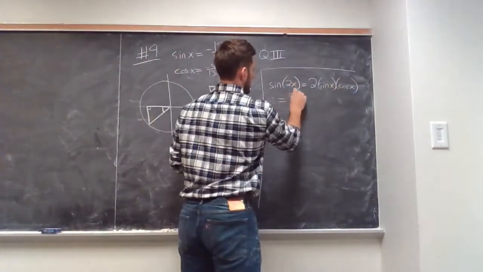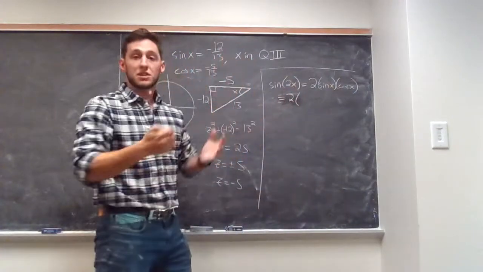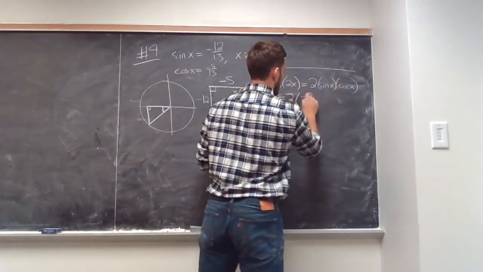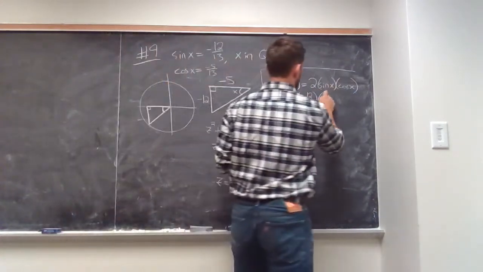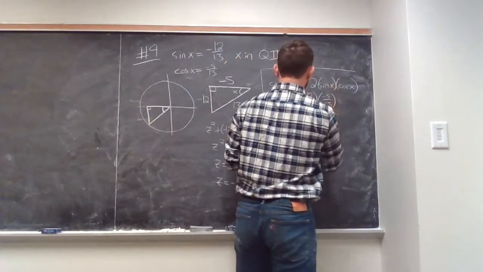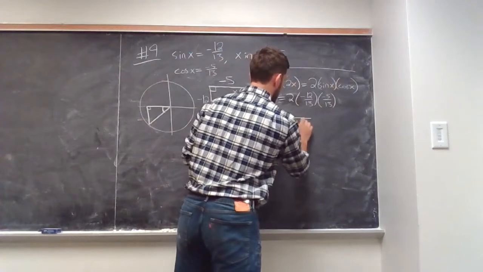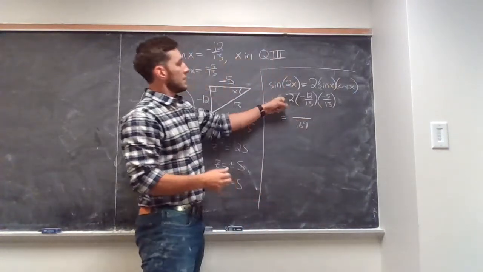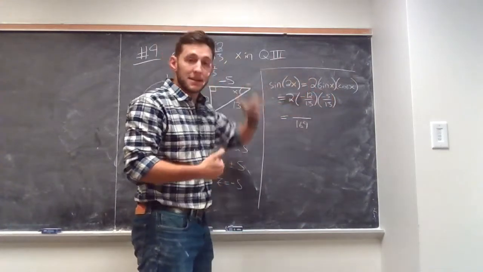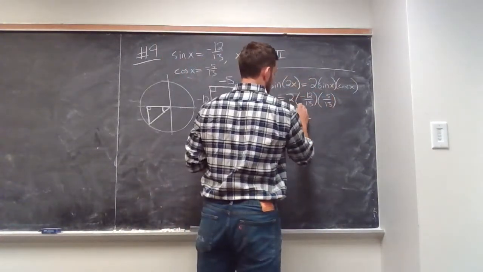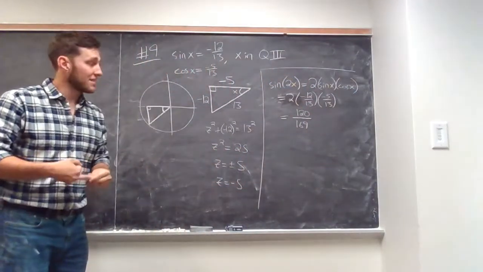Plug in appropriately, we'll get 2 times sine of x, which is negative 12 over 13, times cosine of x, which is negative 5 over 13. Well, the 13's on bottom multiply to be 169. 2 times negative 5 gives me negative 10. Negative 10 times negative 12 gives me positive 120. So bam, sine of 2x is 120 over 169.